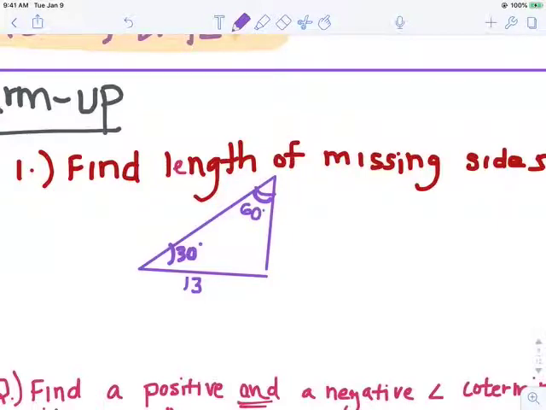So this one's 13, and so 13 equals a square root of 3, and then this one's a, this one's 2a.